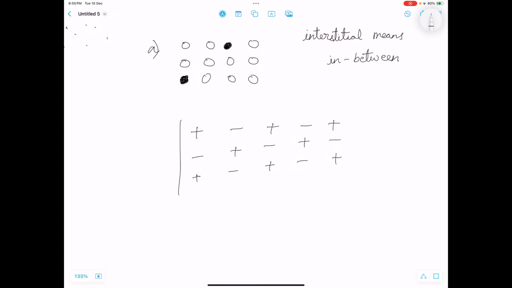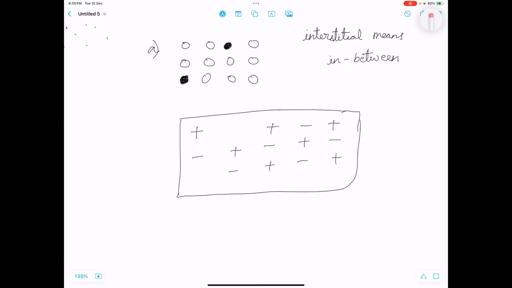This was a lattice site. Now suddenly, in pairs, an equal number of cations and anions are missing. So this plus is missing and this minus is missing. This is a Schottky defect.